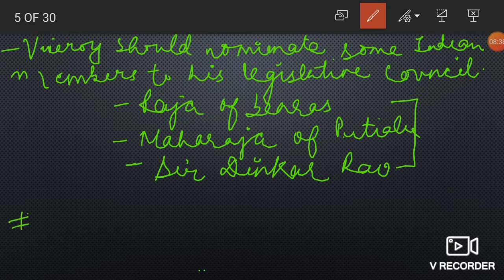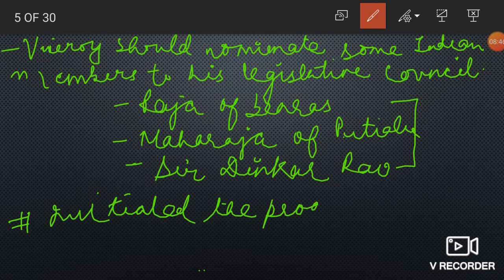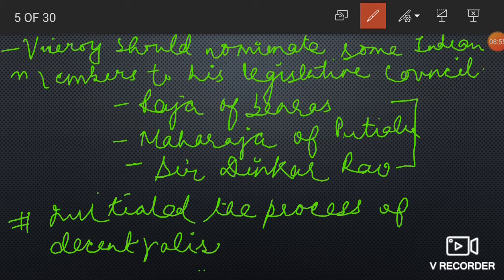The next feature was that it initiated the process of decentralization after the Act of 1861. It can also be a question, so you should note this point very well. It initiated the process of decentralization.